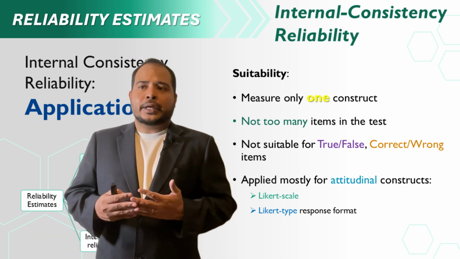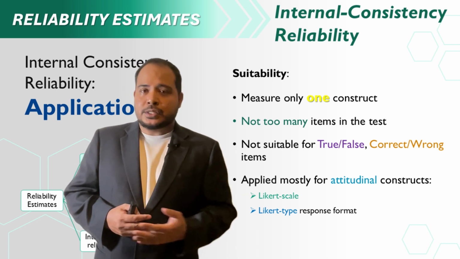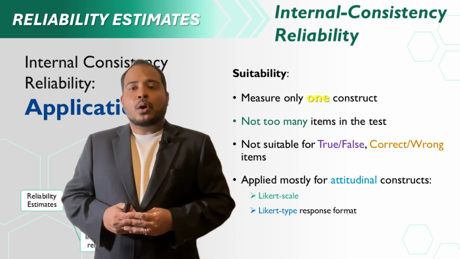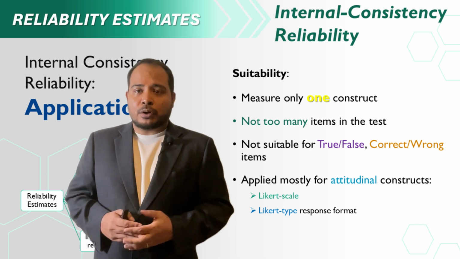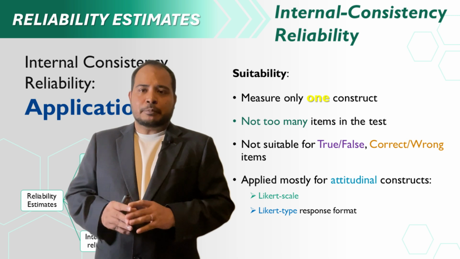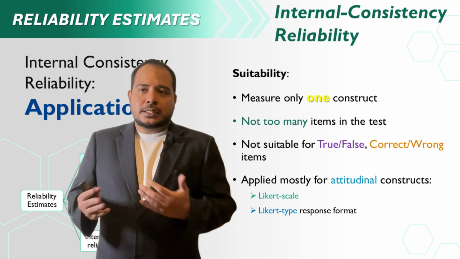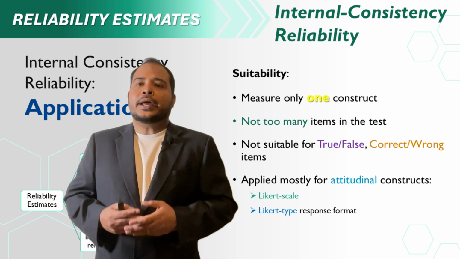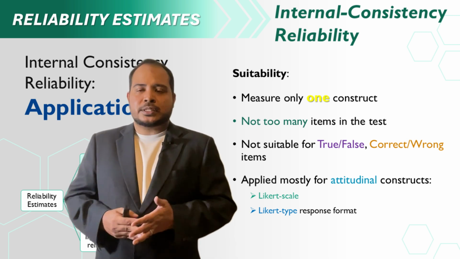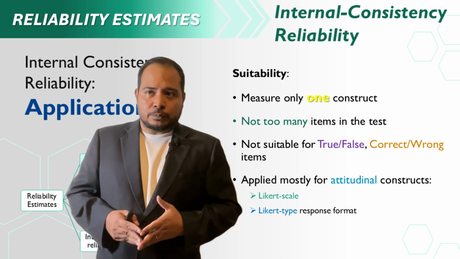So how can we decide when we want to use internal consistency, or test retest, or other forms of reliability estimate? For internal consistency reliability, this is the general application, the consensus among researchers on when we can use it to estimate the reliability of our measures.